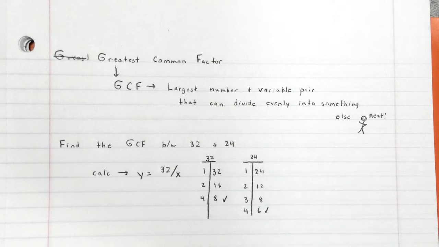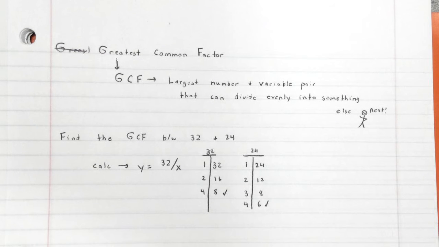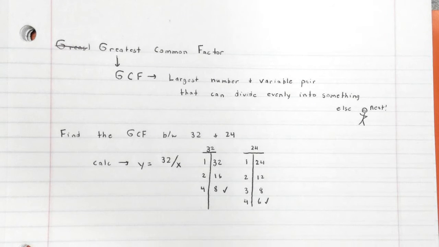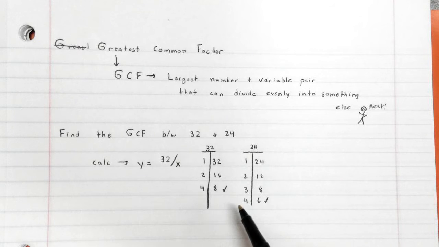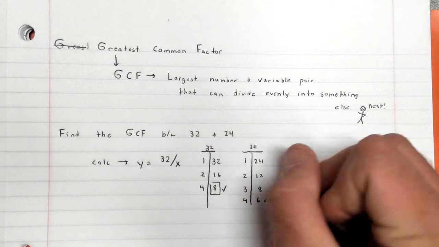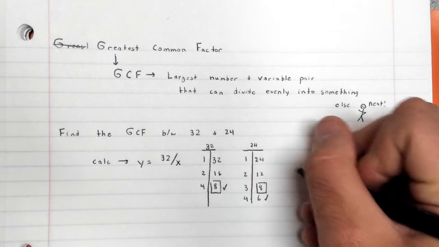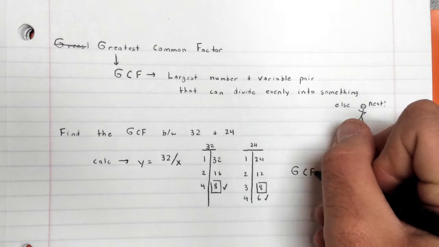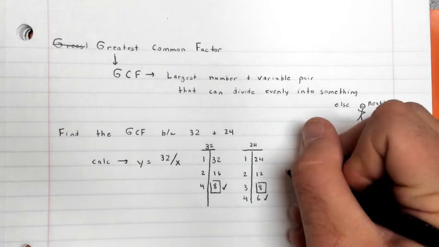Now I'm looking for the GCF, the biggest number that divides into both of those numbers. Well, I'll go through my list. What is the biggest number that appears on both lists? 8. So in this case, the GCF is 8.